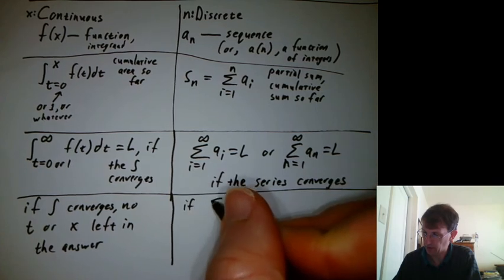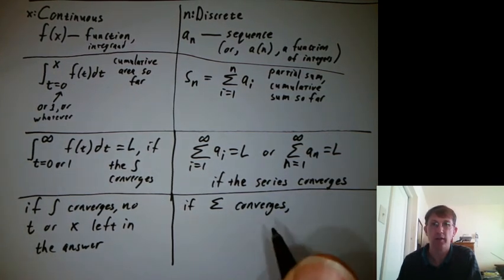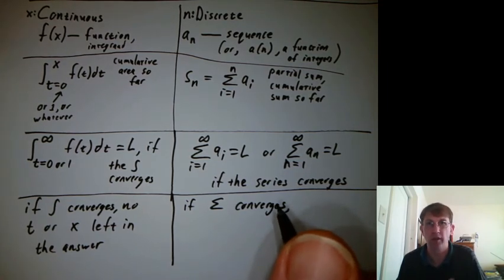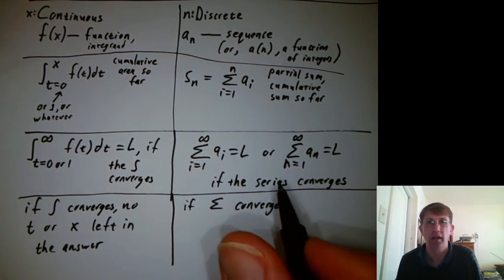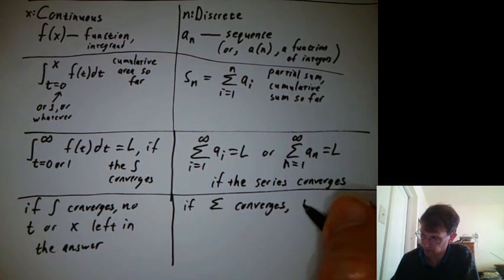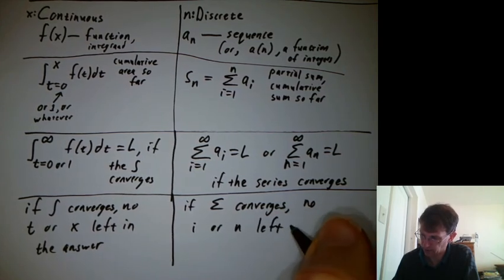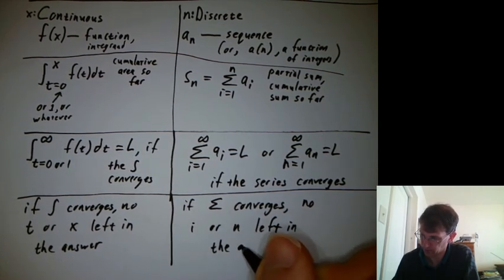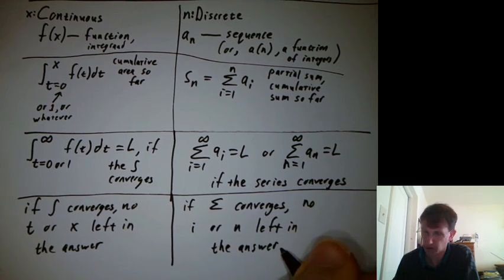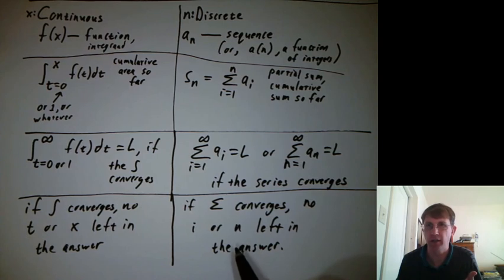Here, if the sum converges, it should just be a single number like 29 or negative 50 million or whatever, and there should be no I or n left in the answer. So if you've done a summation and you ended up with an I or an n left in there, something probably went wrong and we should go back and look at what happened.